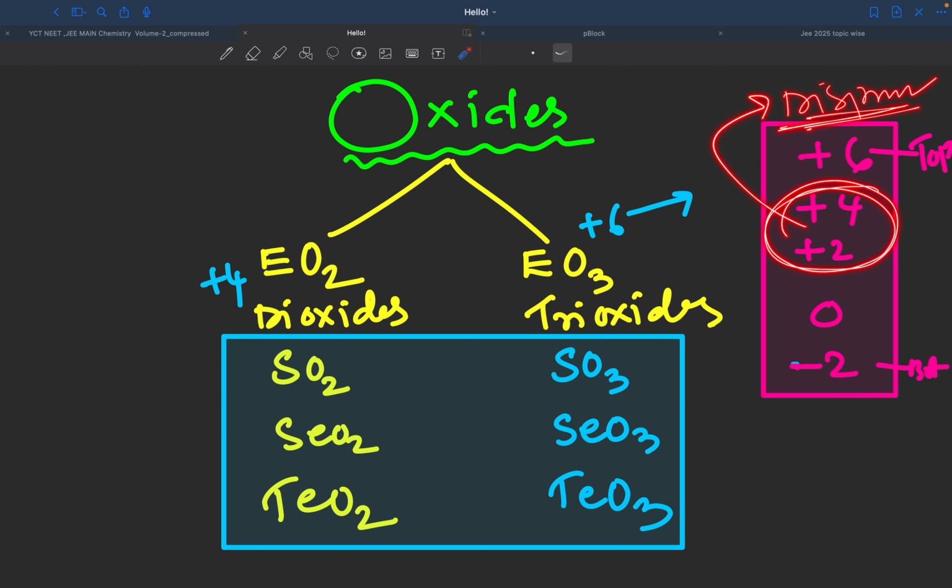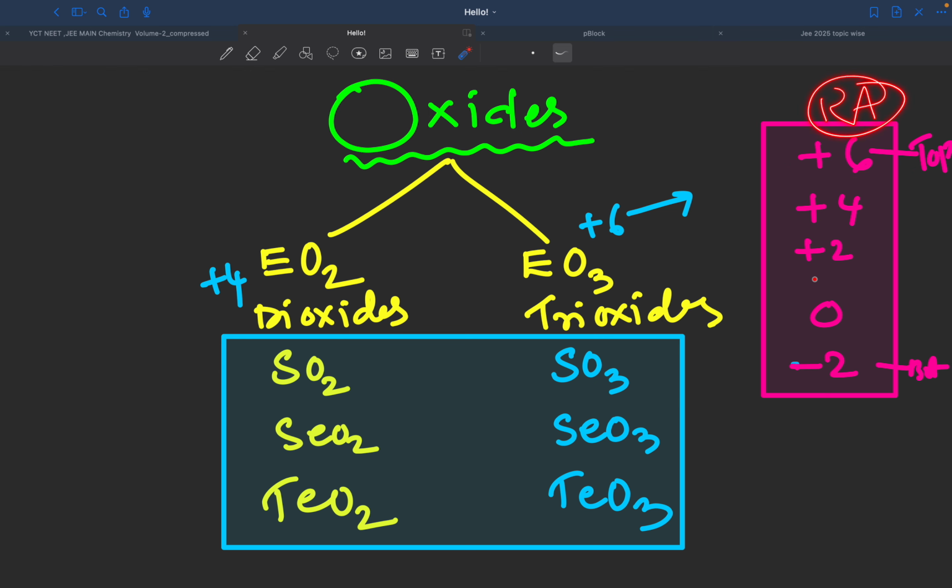They can be oxidized, they can be reduced. But these ones can only take the electrons. These act only as reducing agents. These can act like oxidizing agents. +6 oxidation number is only an oxidizing agent, -2 can only be a reducing agent, but intermediate oxidation numbers can be both.